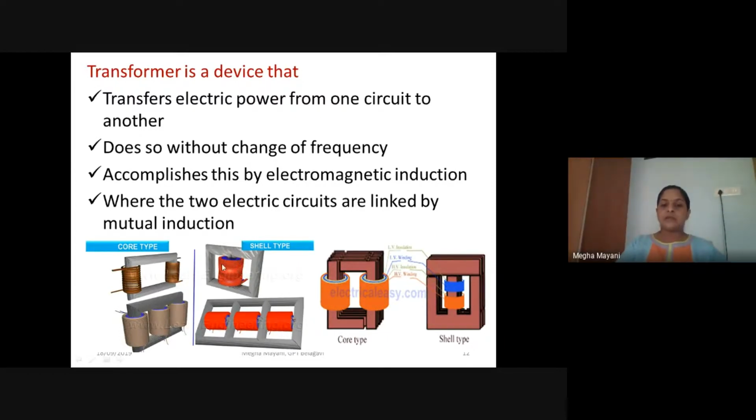In shell type, the winding is present on the center leg of the laminated core. This is an example of one phase, and this image is an example of a three-phase shell type transformer. So the same has been put up here to make you understand the difference between core type and shell type.